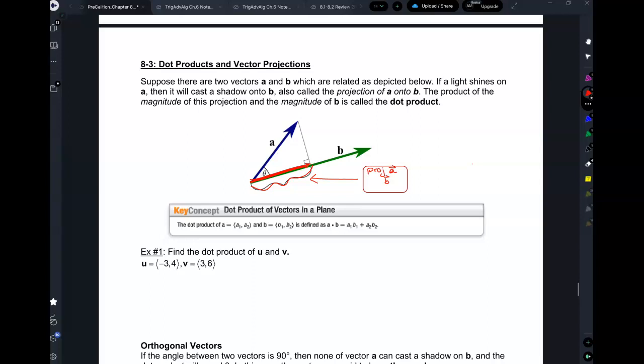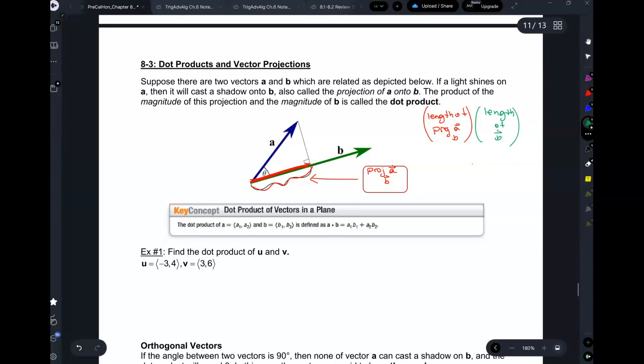Now, if I found the length of that red part, the projection of A onto B, and if I found the length of B, now I have two numbers, right?